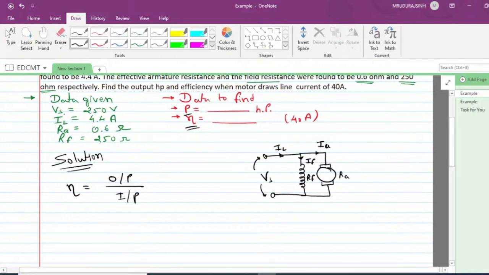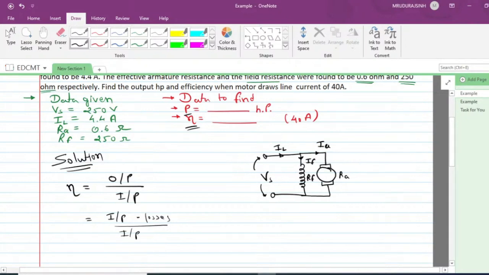Now observe the data given to us. From this we can write this equation in another manner, and that manner is, actually output is input minus losses. We can rearrange this equation as efficiency is input minus losses divided by input.